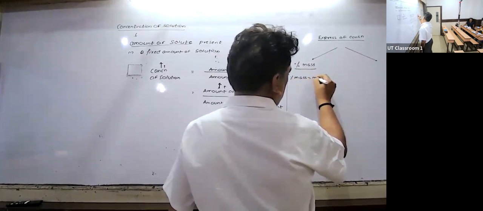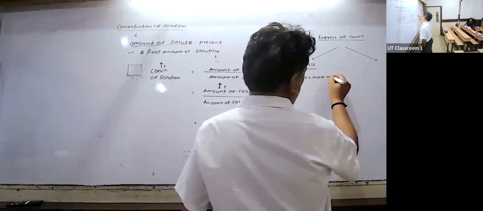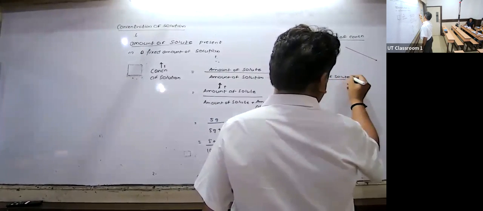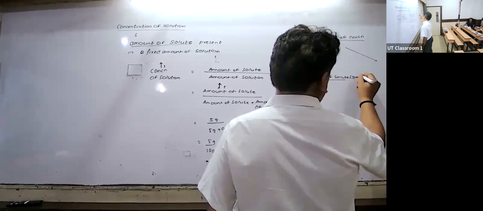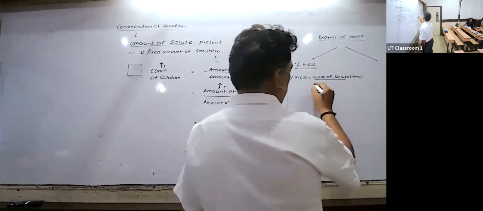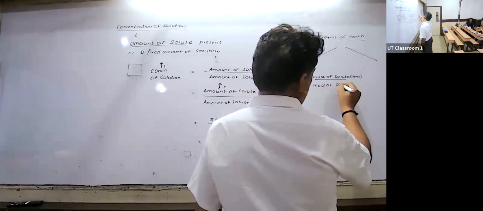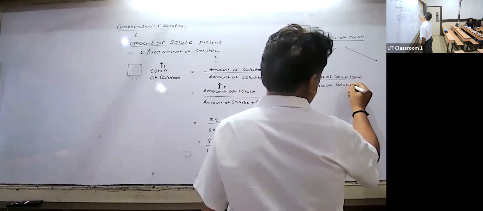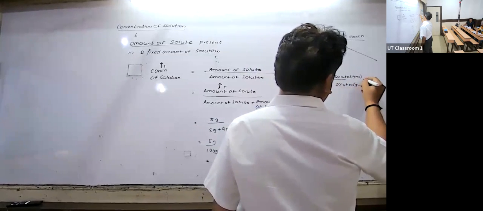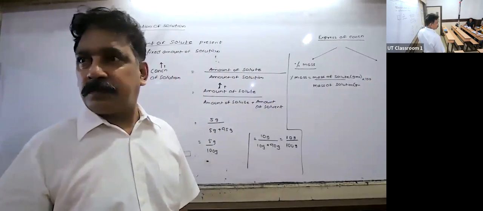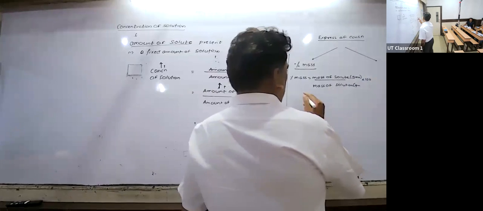It is mass of solute in grams upon mass of solution in grams multiplied by 100. Okay. This is mass percent.